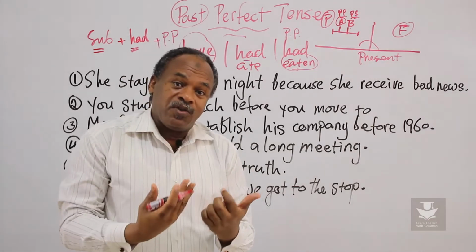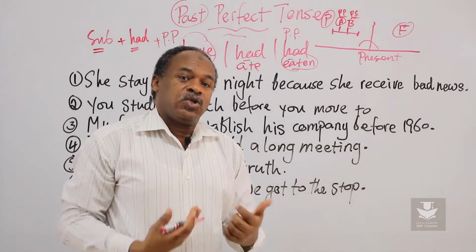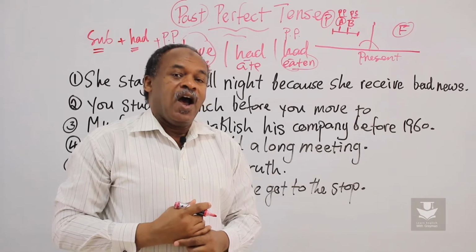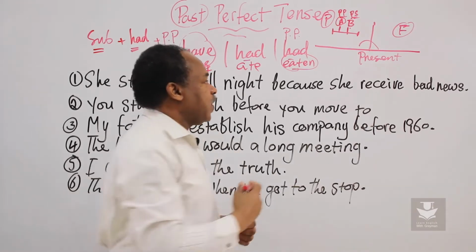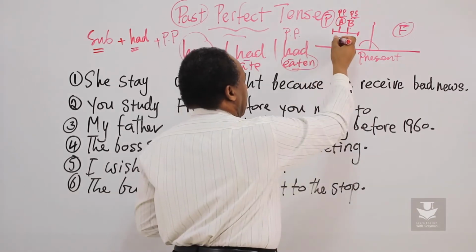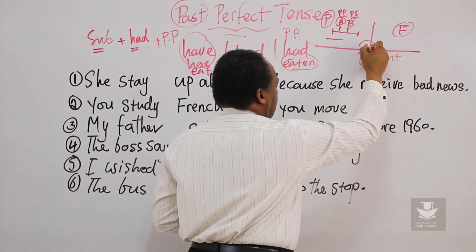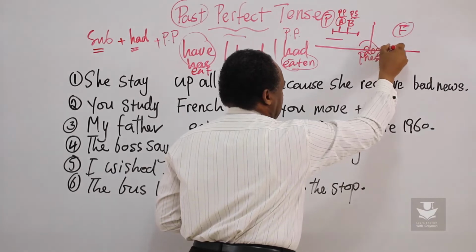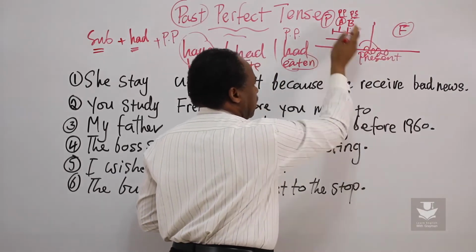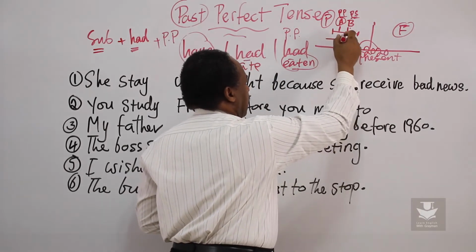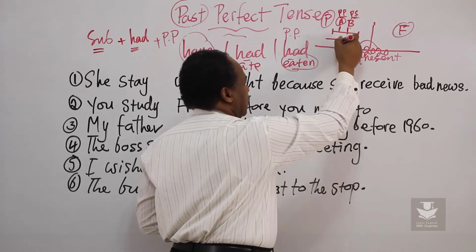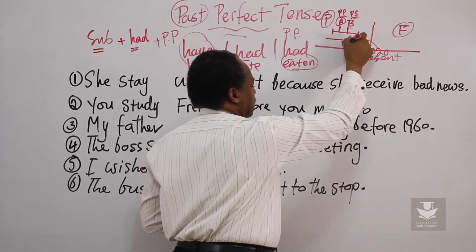Okay, that's one of the situations where we should use the past perfect. Another situation: if we have a certain time, let's say now we are in 2020. The past could be anywhere there. Let's say 1960.